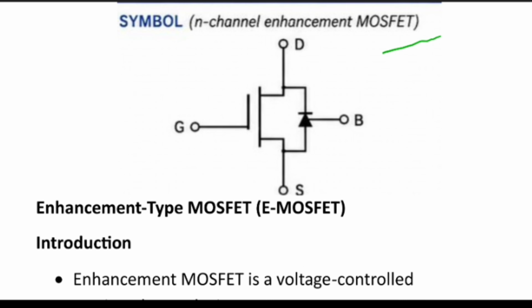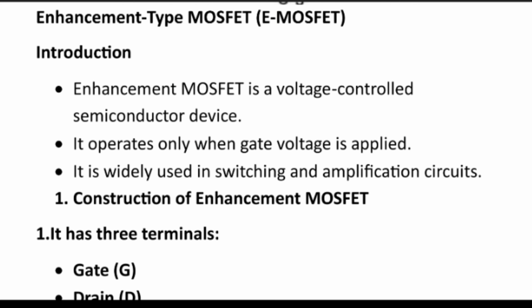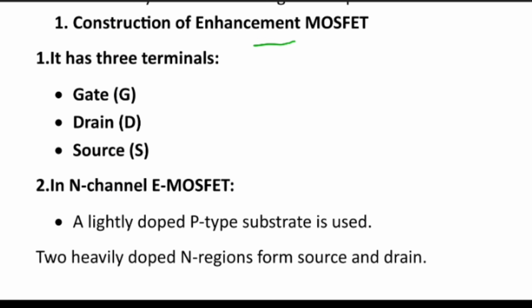Coming to the introduction, it is a voltage-controlled semiconductor device. We operate it with the help of the gate voltage applied, and it is widely used in switching and amplification circuits. Coming to the construction of the enhancement MOSFET, it has three terminals: gate, drain and source.